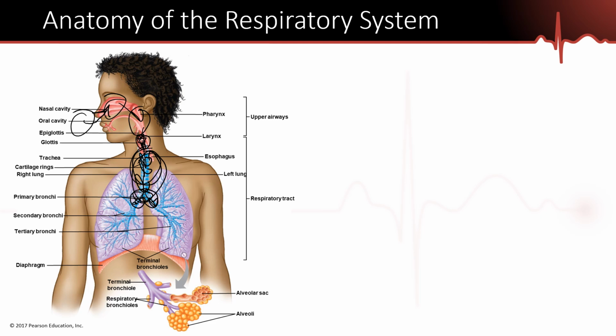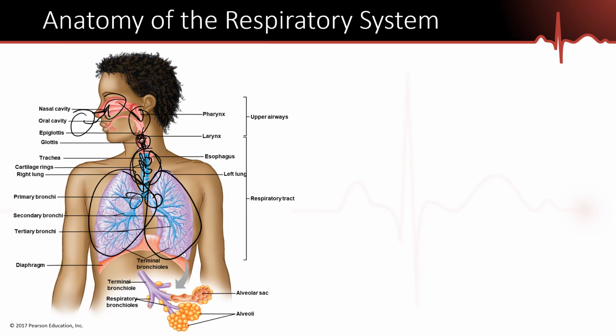By the time that the trachea has split into either the left primary bronchus or right primary bronchus, you are now within what's called the left or right lung. The left and right primary bronchi are functionally part of the lungs.